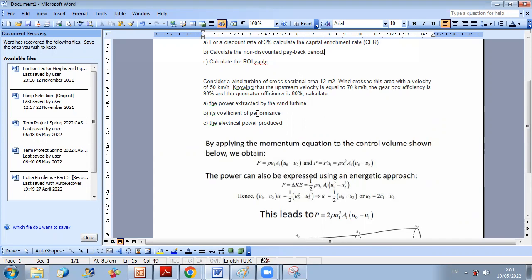Okay, so here, if you remember in the chapter of wind energy, we developed together the technique to know what is the power extracted by a turbine. And we started by applying the momentum equation for the control volume of the turbine.